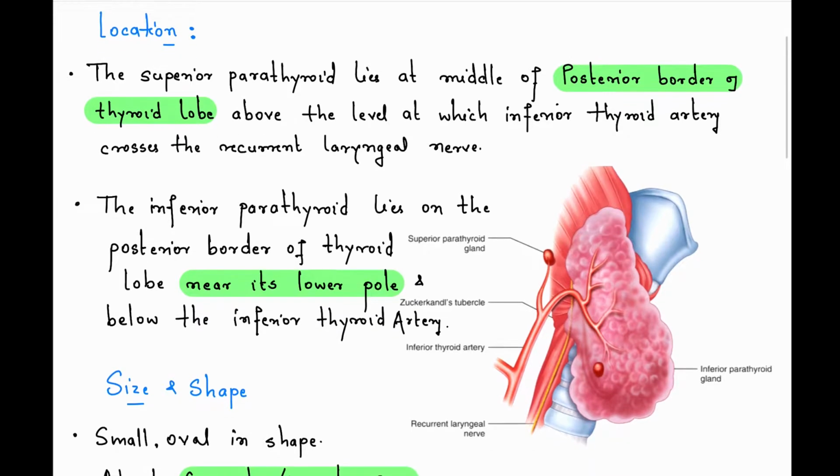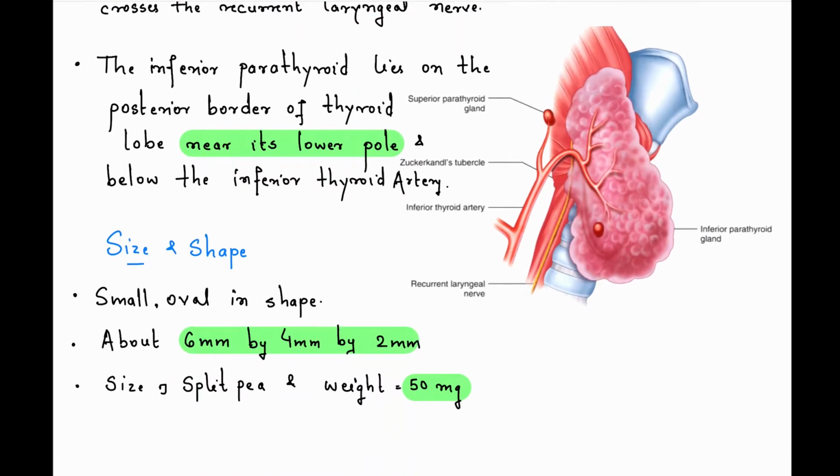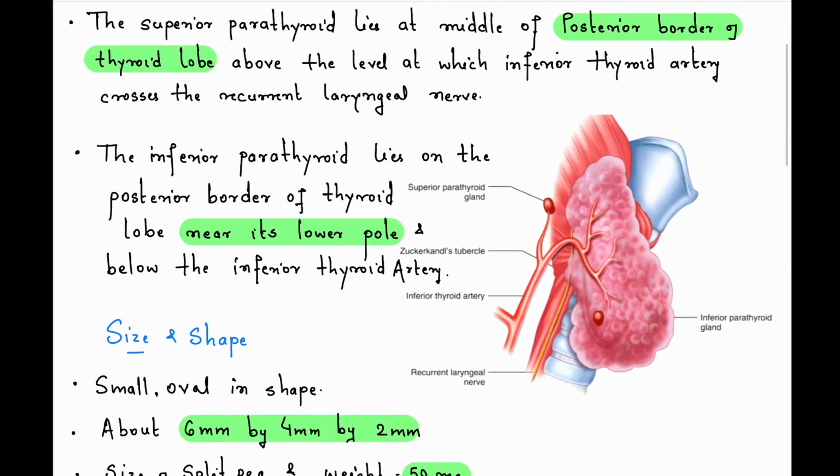Talking about location, the superior parathyroid lies at the middle of posterior border of thyroid lobe, above the level at which inferior thyroid artery crosses recurrent laryngeal nerve. You can see here the recurrent laryngeal nerve and inferior thyroid artery both cross here, and just above it the superior parathyroid gland lies.